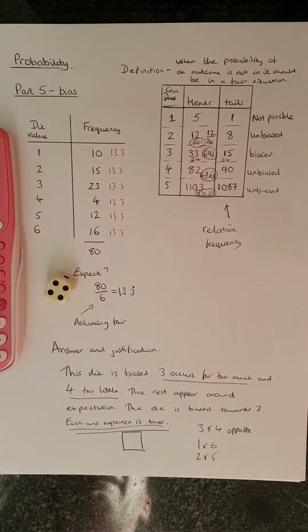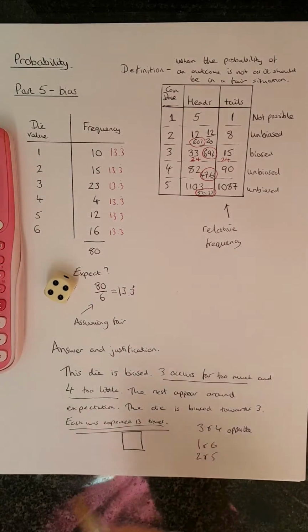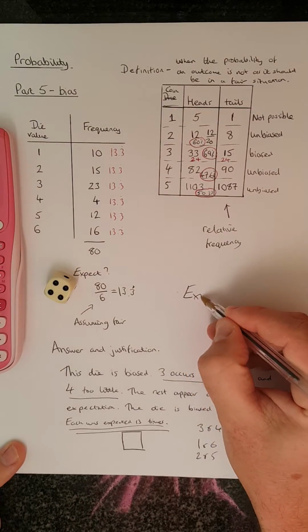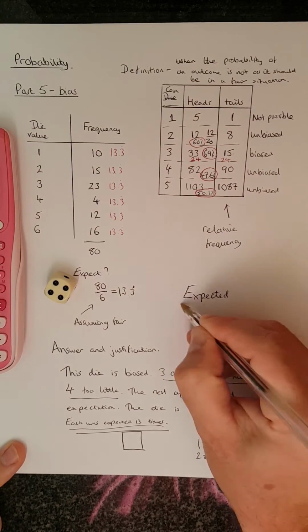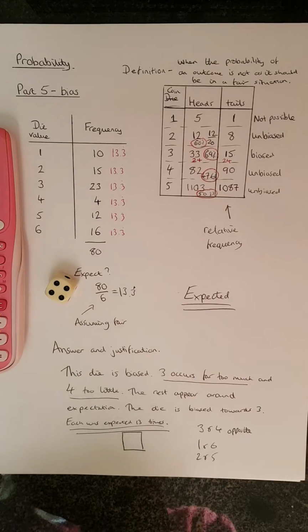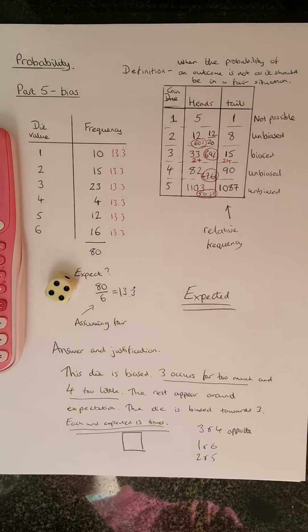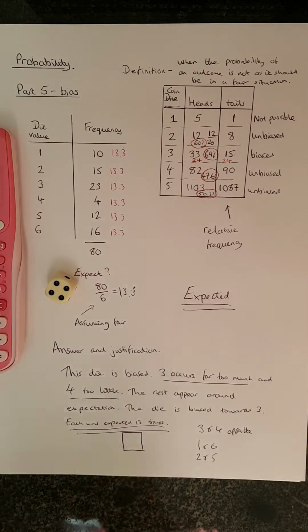So I hope you found that clear. Look at what's expected for each option, for each outcome, and then compare that to what happens.